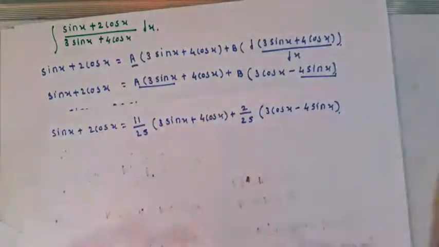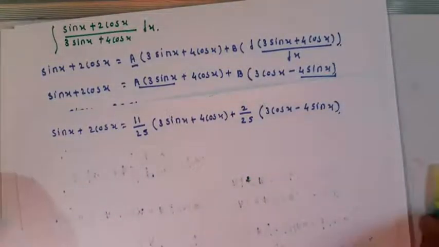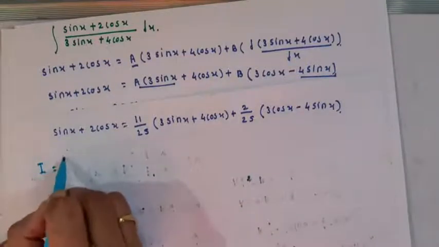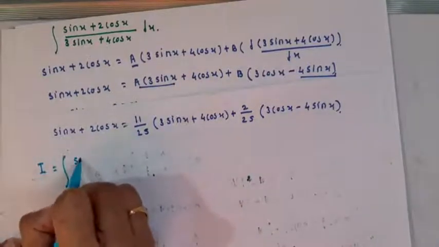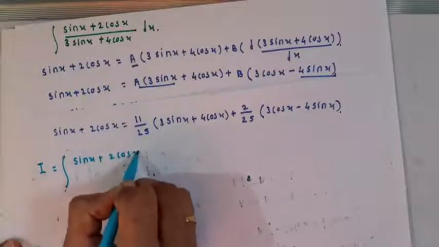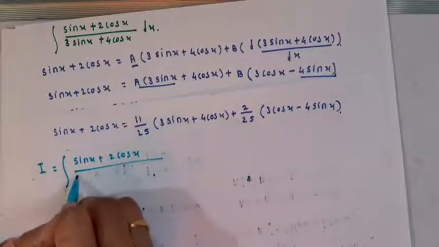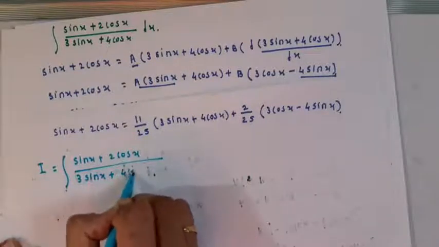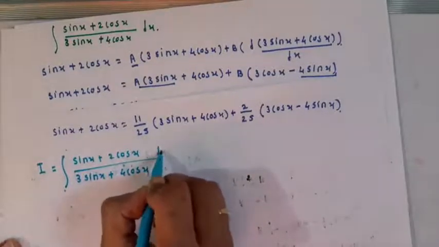Okay students, now let us solve the integration. Our integration I equals the integral of sin x plus 2 cos x upon 3 sin x plus 4 cos x with respect to x.